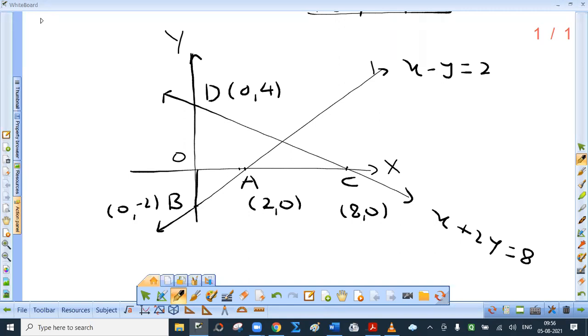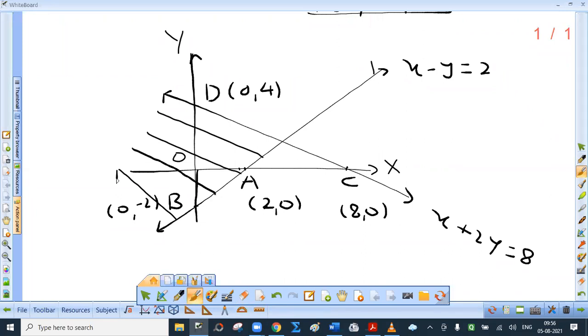So you are expected to shade which region? This region. I'm sorry, this, no part below this line.